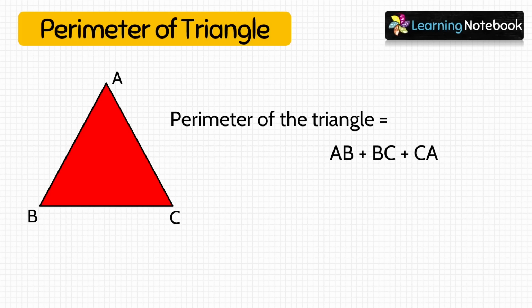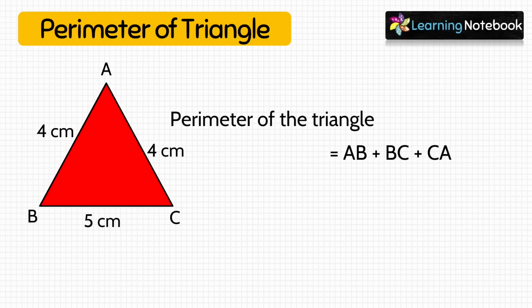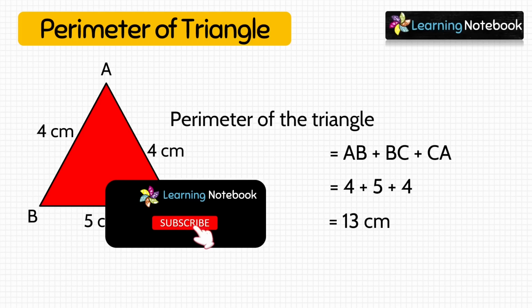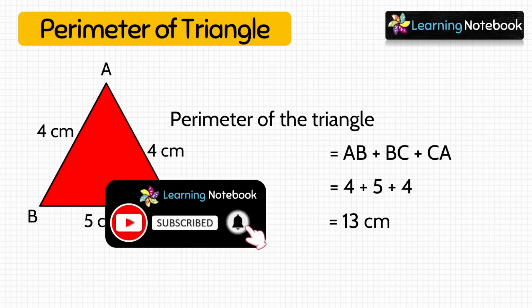As I told you, perimeter of the triangle equal to AB plus BC plus CA. So let's put these values and we get 4 plus 5 plus 4 which is equal to 13. So perimeter of this triangle is 13 centimeter.